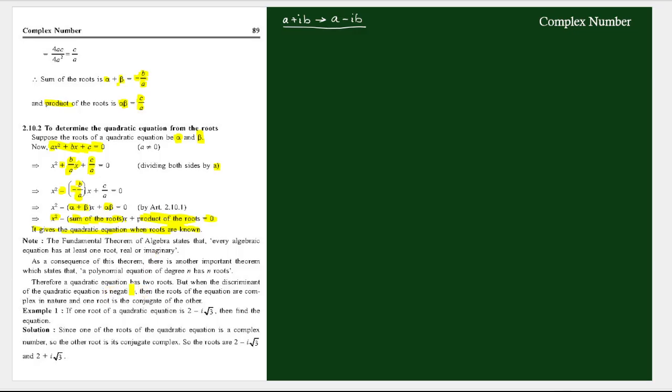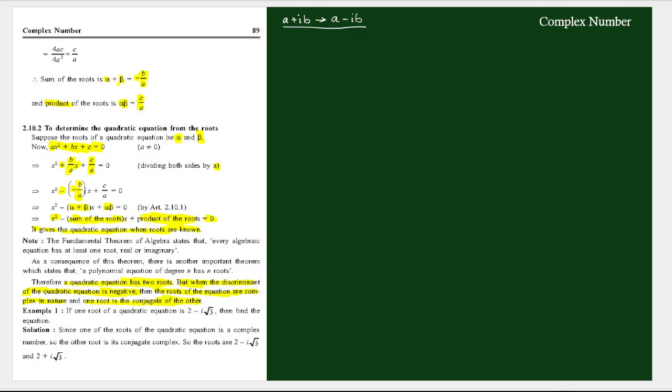A quadratic equation has two roots, but when the discriminant of the quadratic equation is negative, that means our complex scenario, then the roots of the equation are complex in nature and one root is the conjugate of the other.